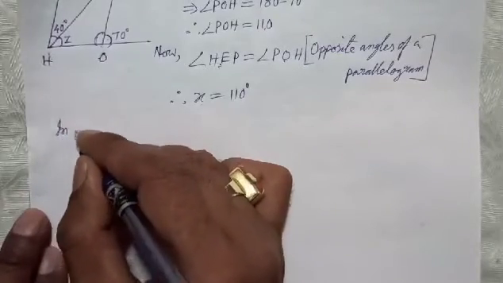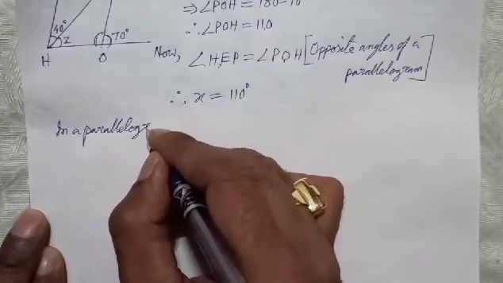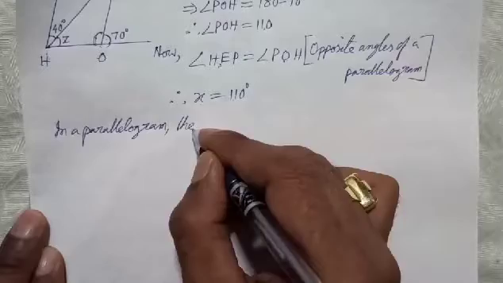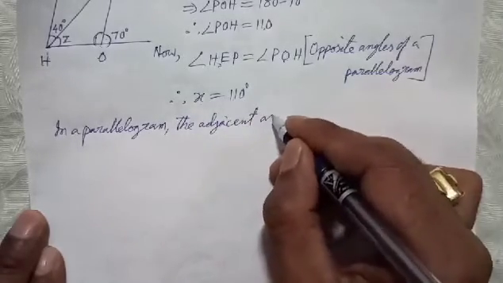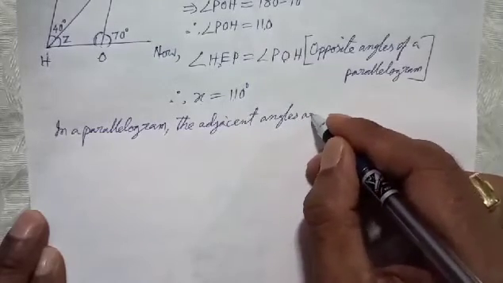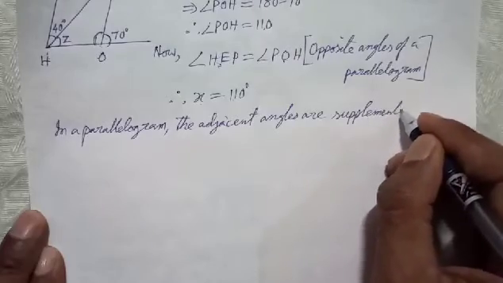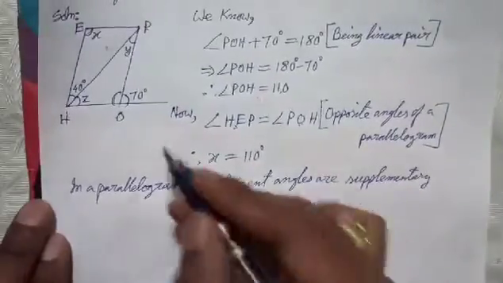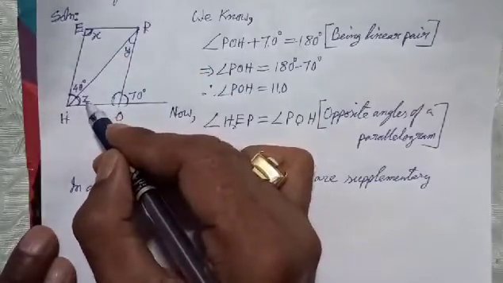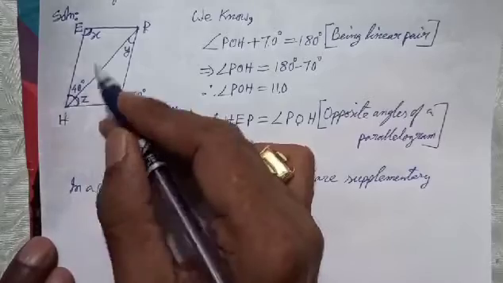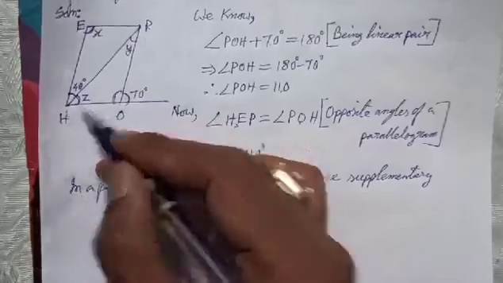Next, in a parallelogram, the adjacent angles are supplementary. Here in the figure, this angle x and this angle 40 plus z, these two are adjacent angles. So the sum of this x and 40 and z, the total angle must be 180 degree.